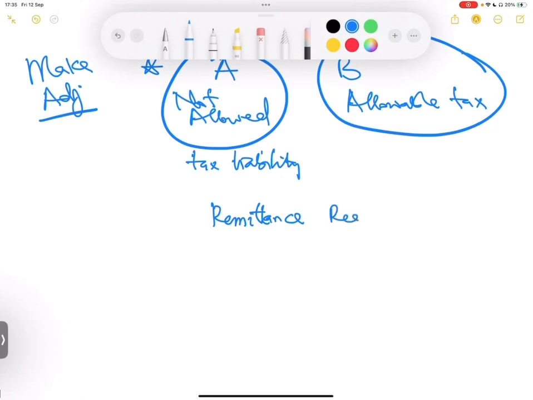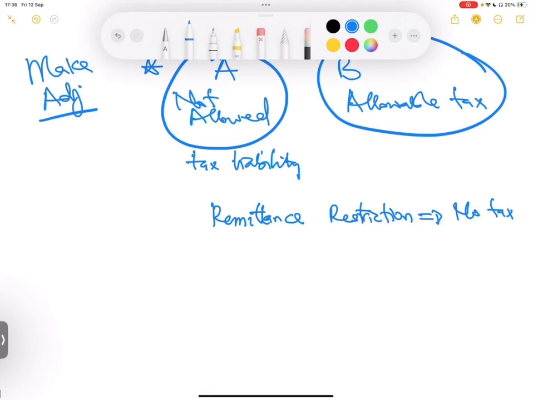If there's a remittance restriction, what did I say? Please know that you will not be paying tax on the money that you are not able to receive as a parent. So there won't be a tax implication as a parent because the money will not come to you. The money is staying offshore. So you can actually avoid paying tax on that.